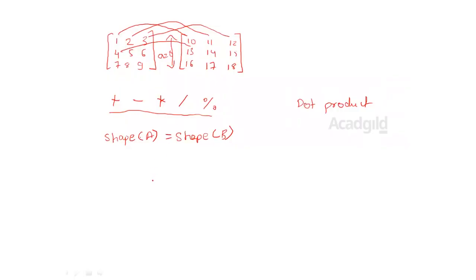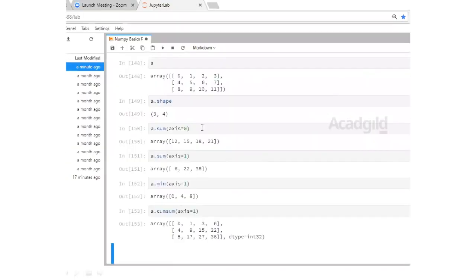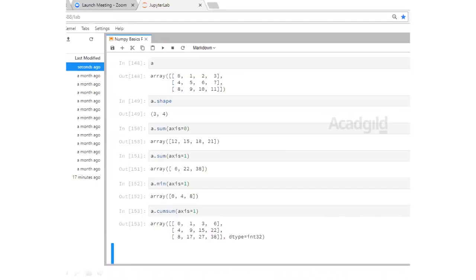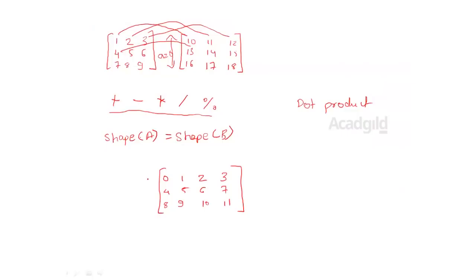Let me draw it here. For our example, what we have is 0, 1, 2, 3, 4, 5, 6, 7, 8, 9, 10. When we're trying to do the sum over axis 0, it works like this. It's taking the sum from this point of view.